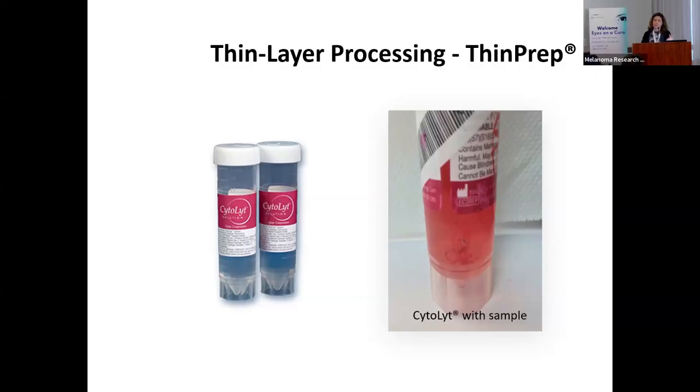So these methods are methods of making sure you're seeing absolutely everything that's in this specimen. At the Cleveland Clinic, we use something called Cytolite, which allows us to make a monolayer preparation.